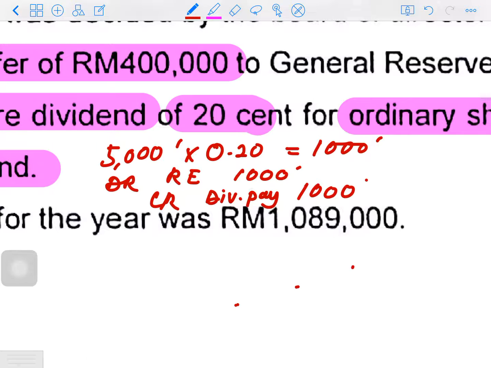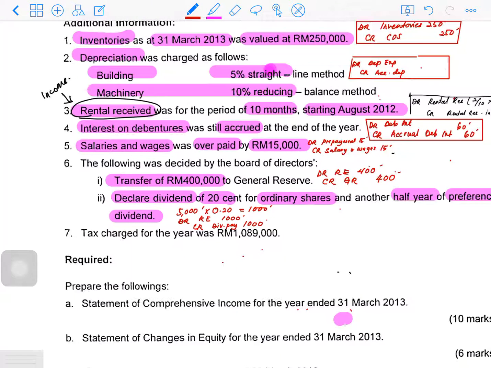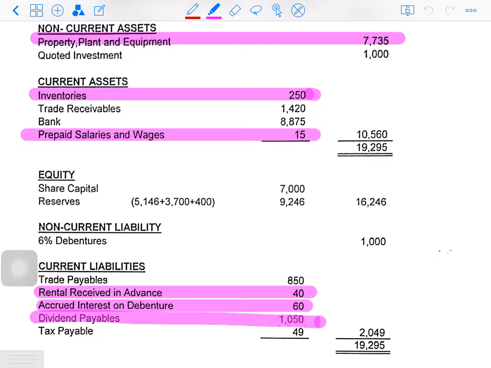So debit retained earnings 1 million, and credit dividend payable in your statement of financial position. Dividend payable 1 million.